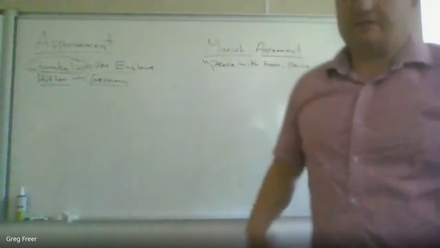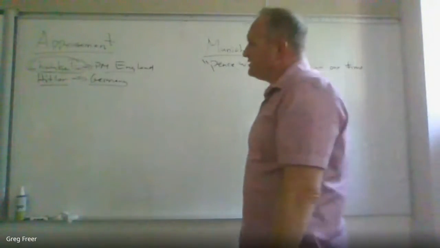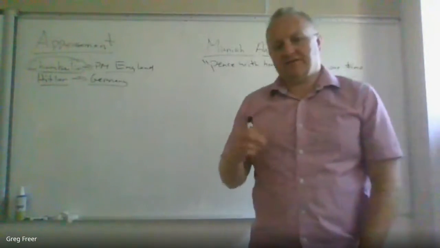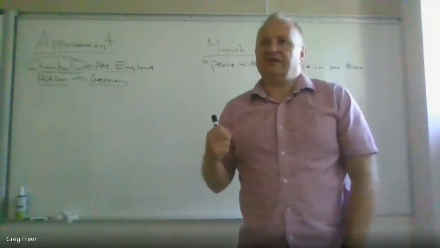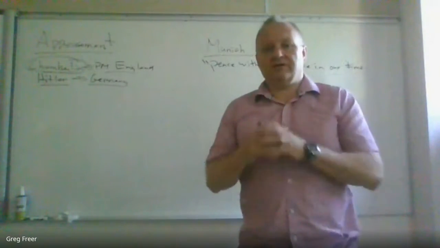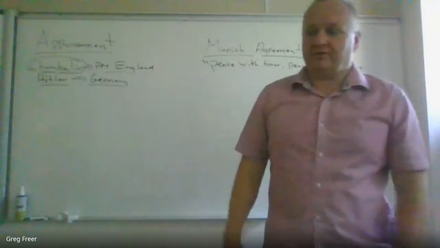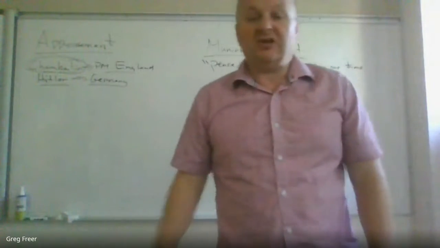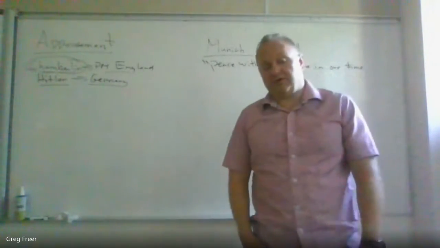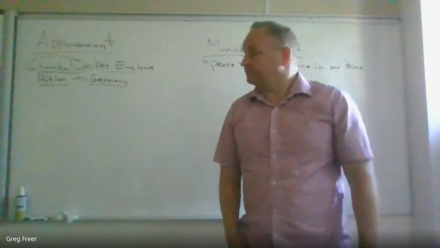Okay, and that's the main thing to get out of here for today: understanding the policy of appeasement. And I want you to understand how World War II started: failure of the Treaty of Versailles, adoption of appeasement, those types of things, and unchecked nationalism, really, and that's under Adolf Hitler.